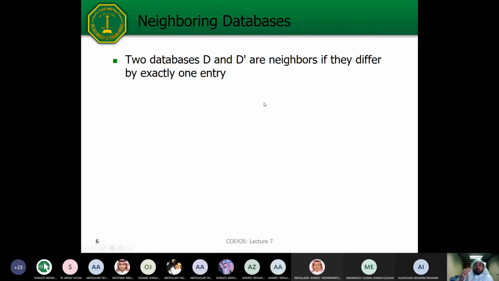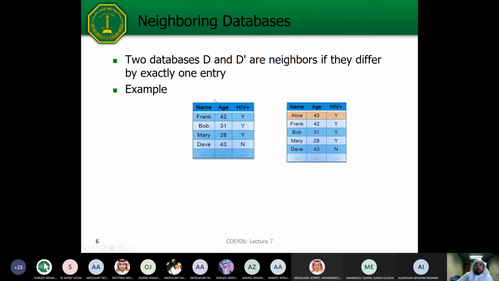We say that those two databases are neighbors if they differ by exactly one entry. So, for example, this is database D and this is D prime. They differ by only one entry. In D, we don't have an entry for Alice, while in D prime, we have an entry for Alice. Or put it the other way around: if we remove one entry from database D prime, that will give us database D.